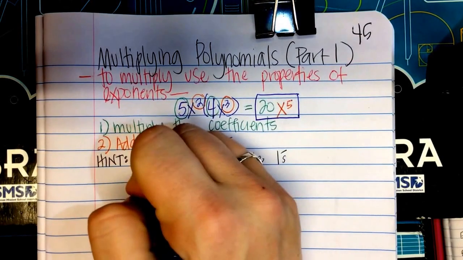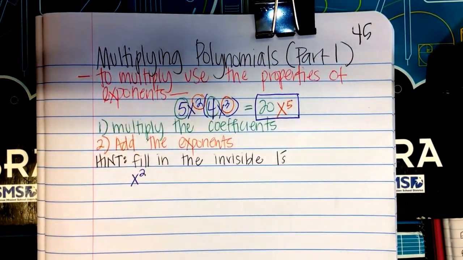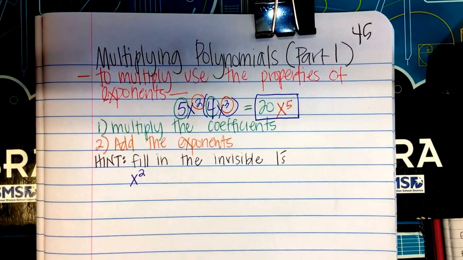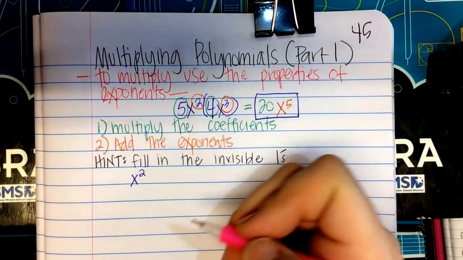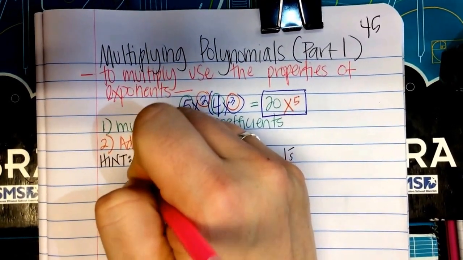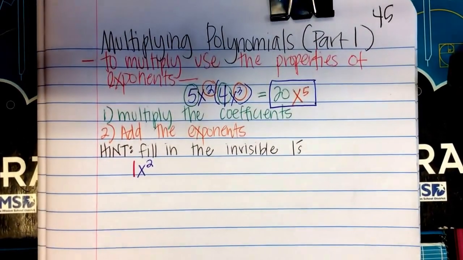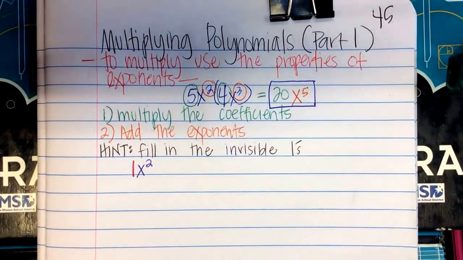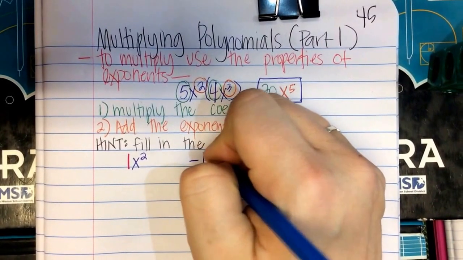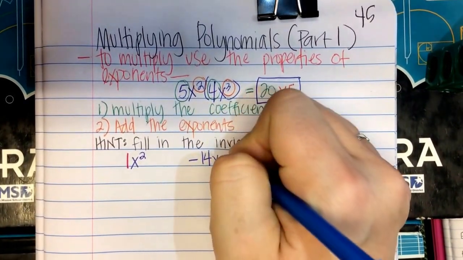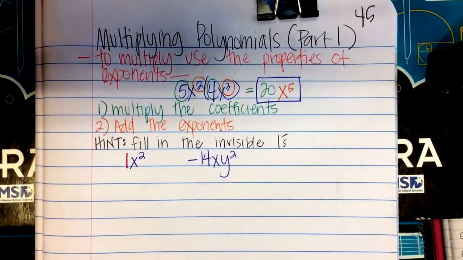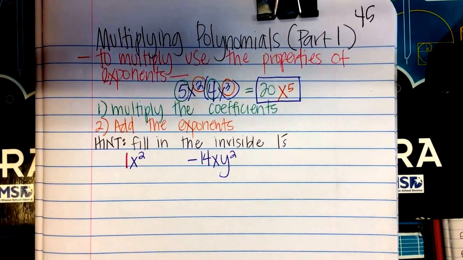If I gave you this problem, x squared, where would you fill in an invisible 1? Andrew? As my coefficient, 1x squared. If I gave you negative 14xy squared, trick question, there is one, you put it in there, but where would it go?